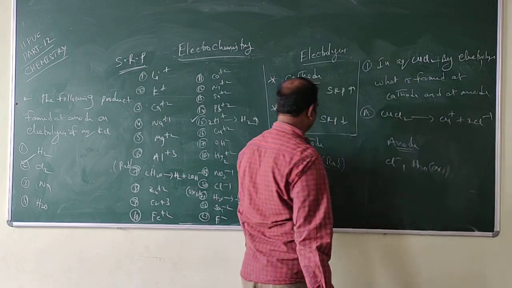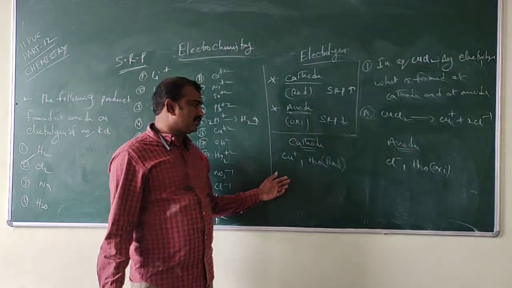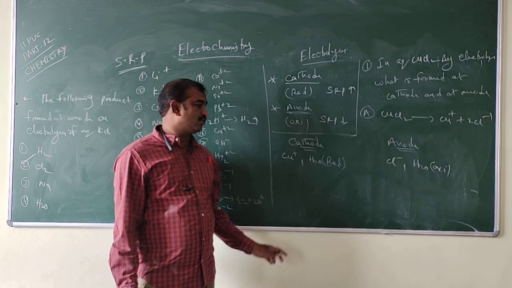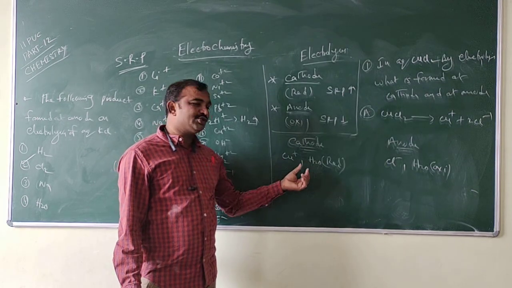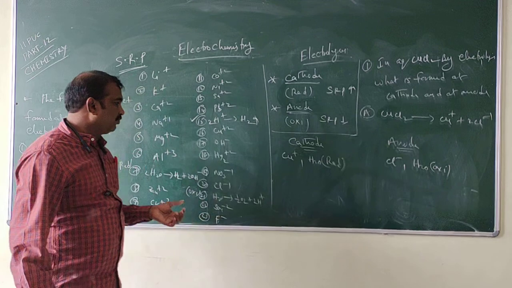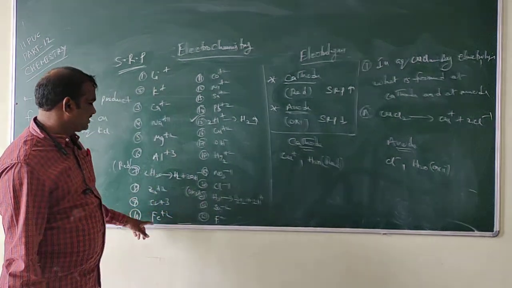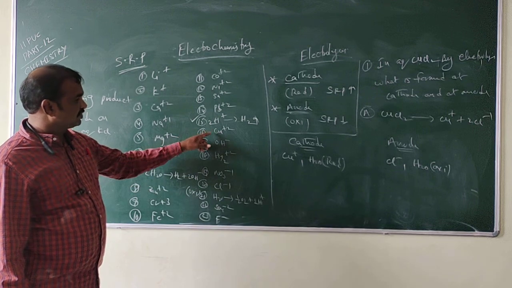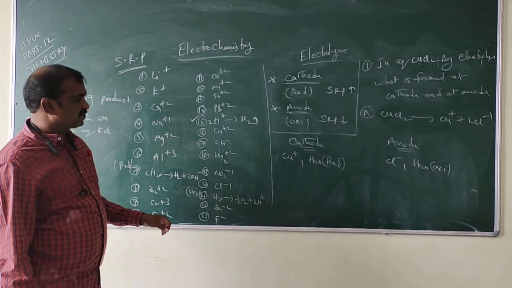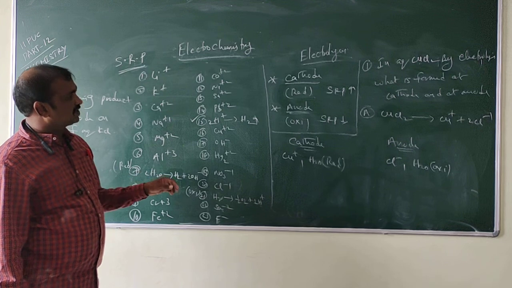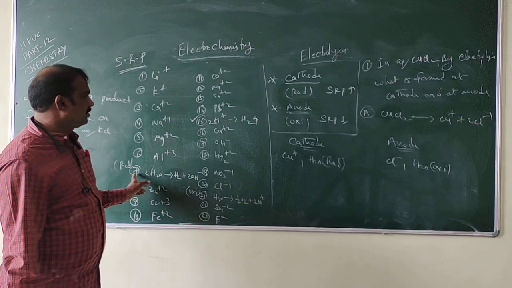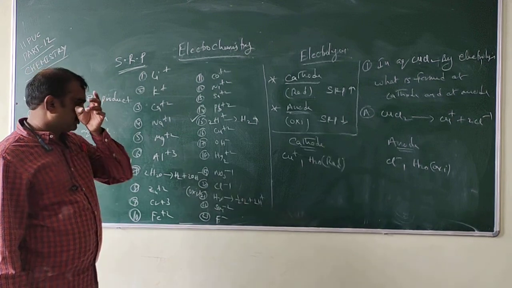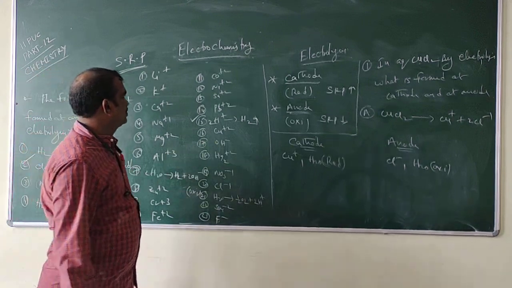If you come to cathode, the SRP value is more. So among Cu2+ and H2O reduction, which is having more SRP value? Cu2+. Cu2+ is having more SRP value.